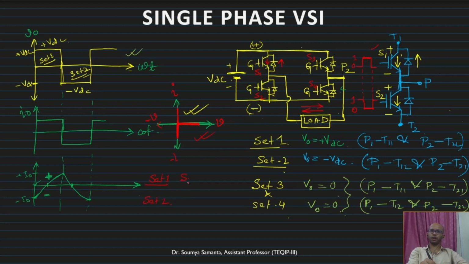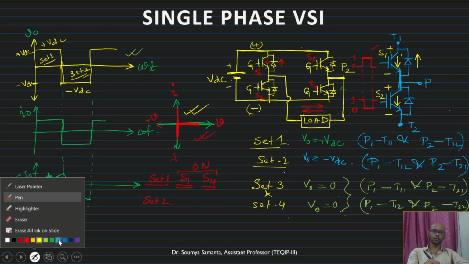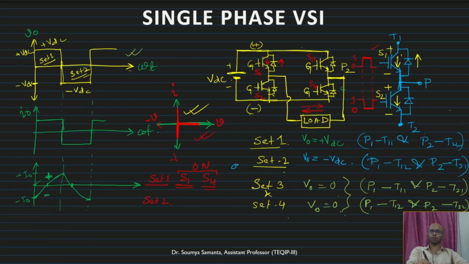In set 1, S1 will be turned on, S4 will be turned on. These two switches are on. What are the off switches? Obviously S2 and S3 will be the off switches.